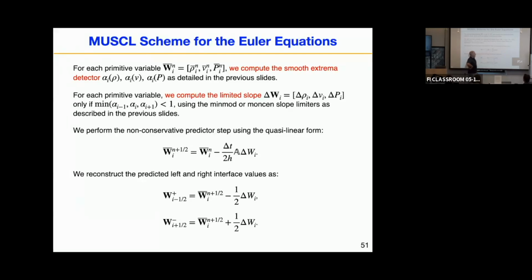Right? Once you have the solution at delta t over 2, then you reconstruct the variable at the left and the right face using the limited slopes, and then you call the Riemann solver, compute the flux, and you have the final update. Okay, that's the MUSCL scheme.